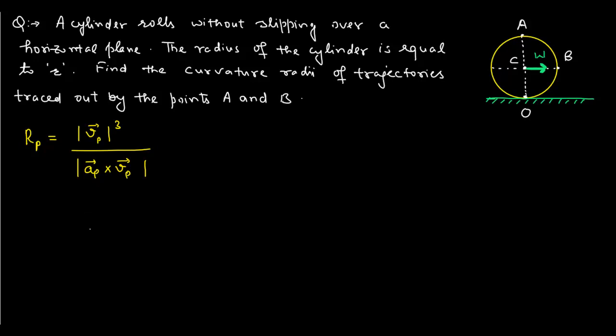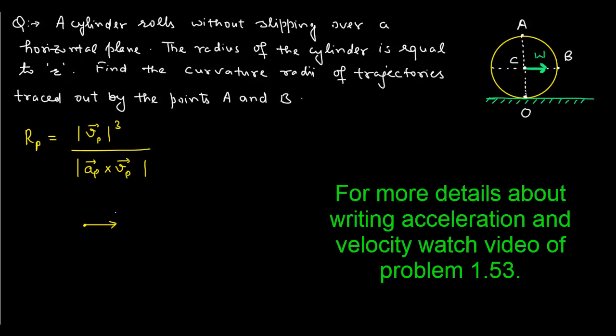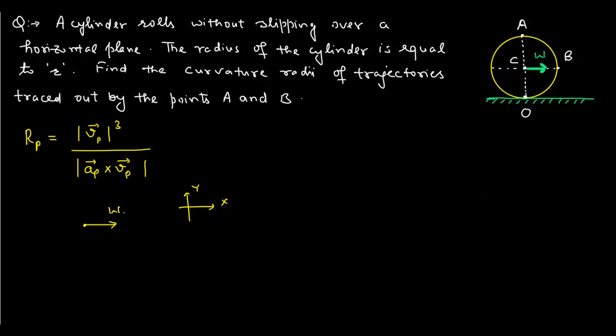Clear? Now suppose this is point A and the acceleration of center of mass is W. So let this be the x-axis and this the y-axis. So the acceleration is in this direction, that is x-axis. So the tangential acceleration is W i cap, and the acceleration of center of mass at this point A is also this W i cap.